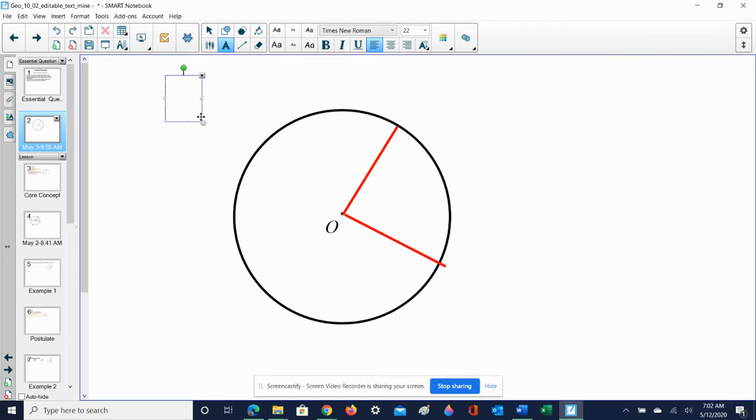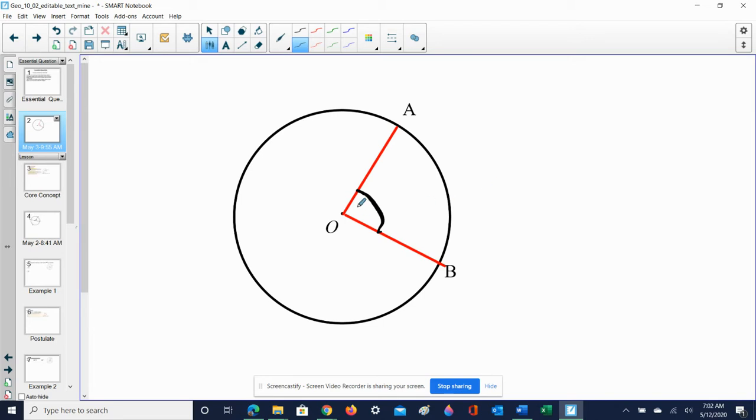Let's call it point A, and we'll call it point B. There's B. There's A. So here you see you have an angle. That is a central angle.